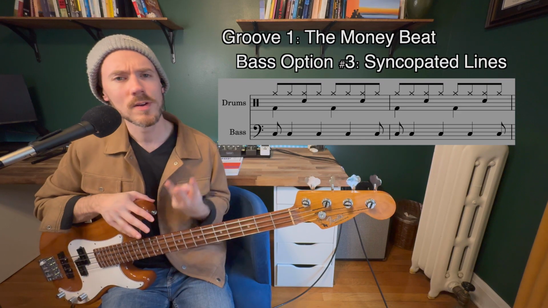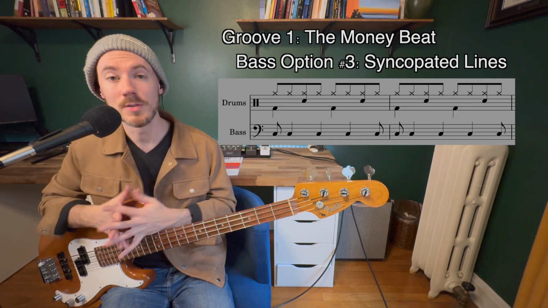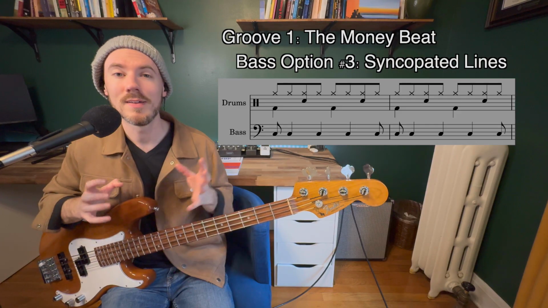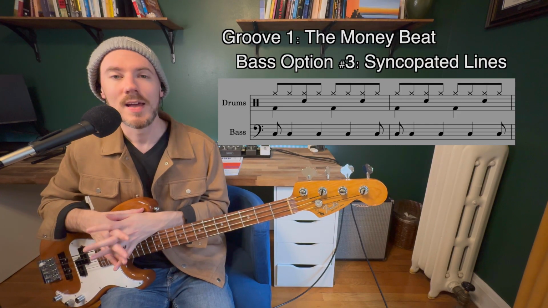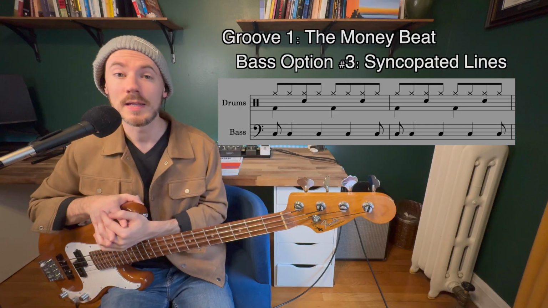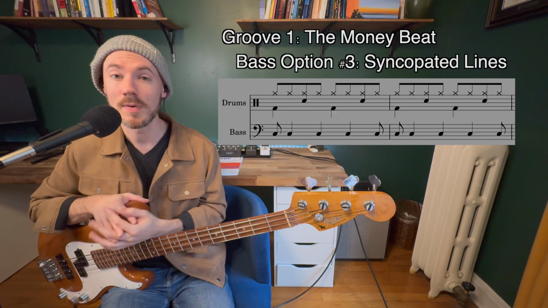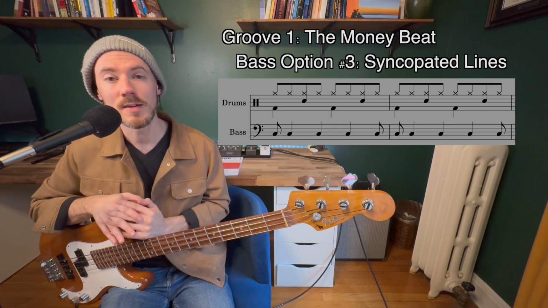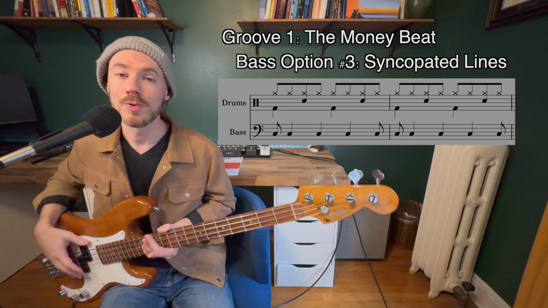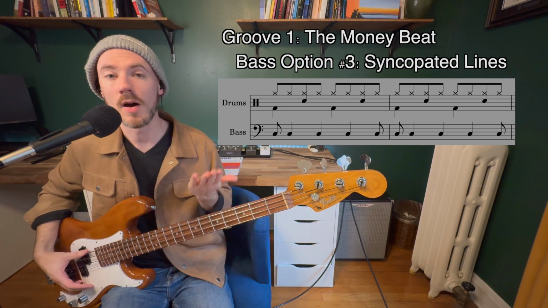All right, what's the third thing that a bass player could do over a money beat? Well, the option that I see is syncopations. Now, syncopation in music is kind of a big topic. I'm not going to get too into it, but I will link some lessons below where I explain it in detail. What we're talking about, though, is rhythms that emphasize the offbeats.